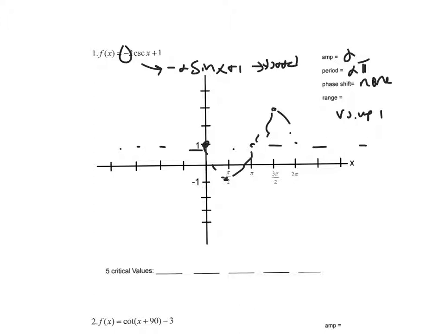So then remember, your cosecant graph is just going to be asymptote, asymptote, asymptote, parabola, parabola. And don't worry about the critical values for that, but remember, it happens every period divided by 4. So in this case it would be 0, pi over 2, pi, 3 pi over 2, and 2 pi.